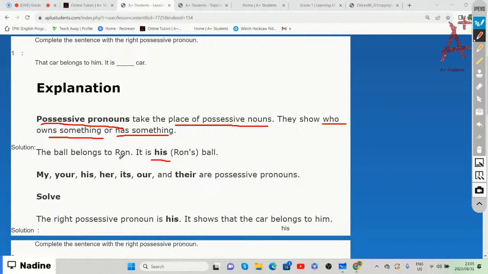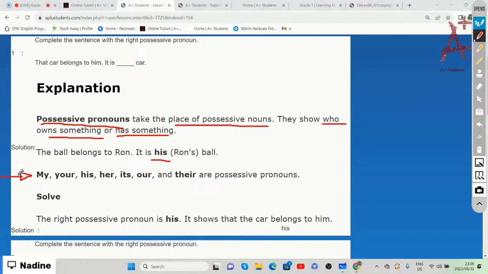And here are a few possessive pronouns: my, it's my toy, my ball, my book, your, his, her, its, our, and their.